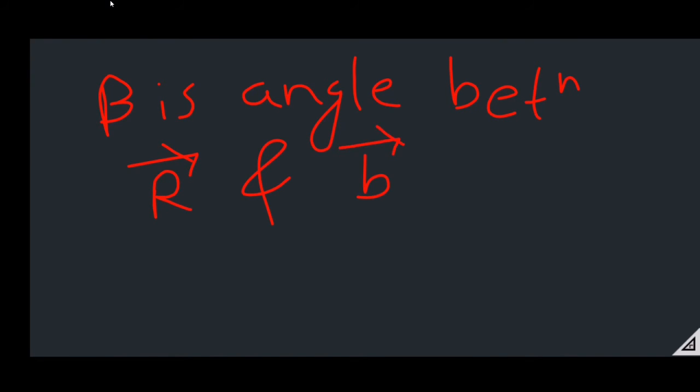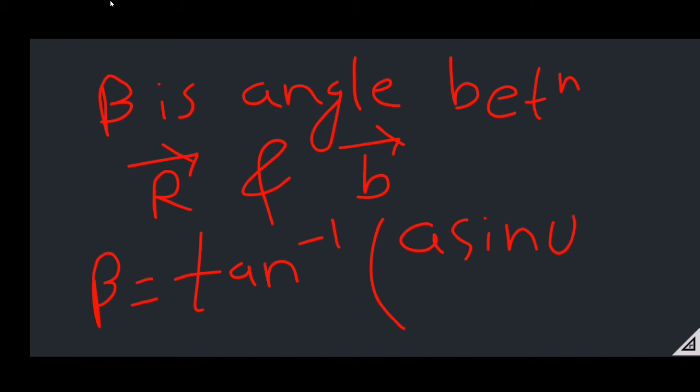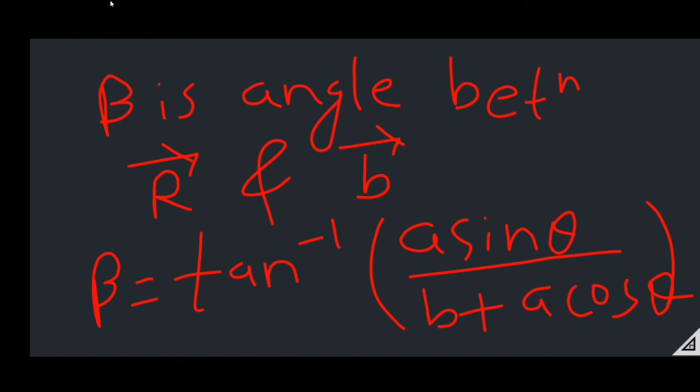Then in such case, the formula is beta equals tan inverse A sine theta upon B plus A cos theta. So this is the direction with B vector. So if beta is the angle between resultant R vector and B vector, then beta equals tan inverse A sine theta upon B plus A cos theta. So this is the detail of the direction.